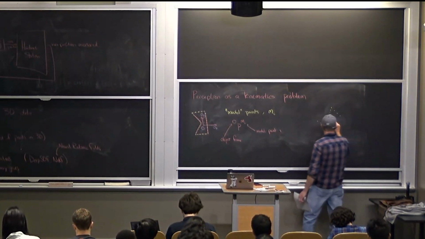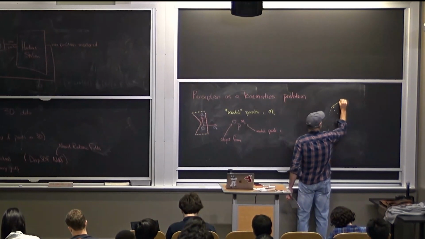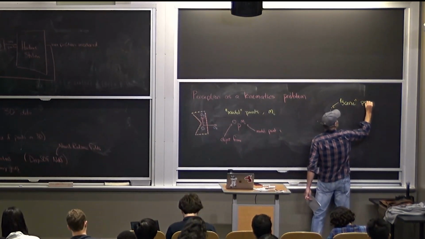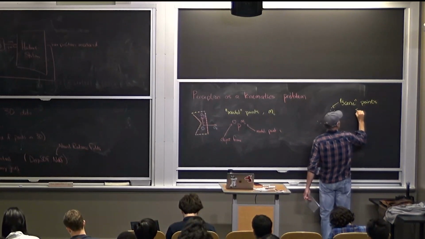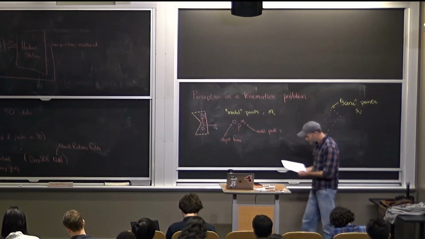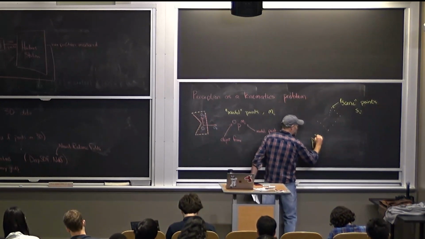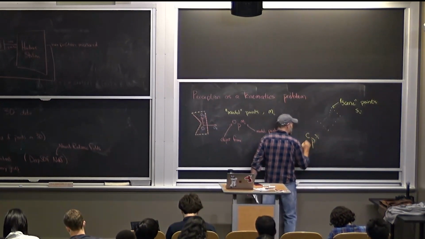And I'll call these my scene points, s_i for scene. What I get out of my camera is the scene points in the camera frame.